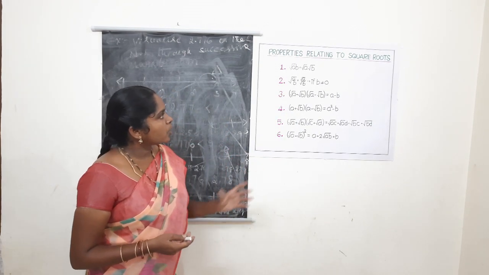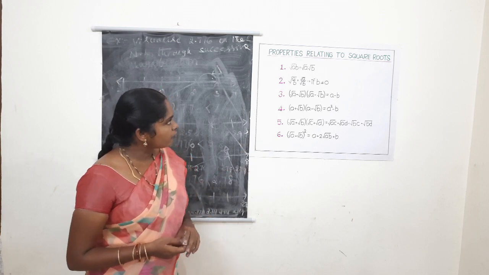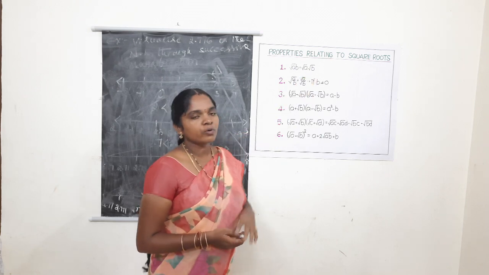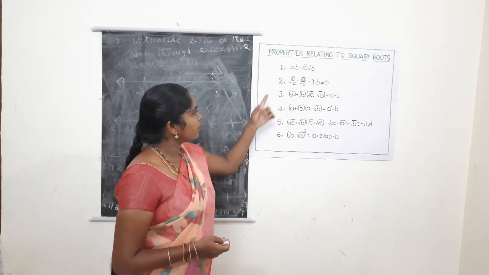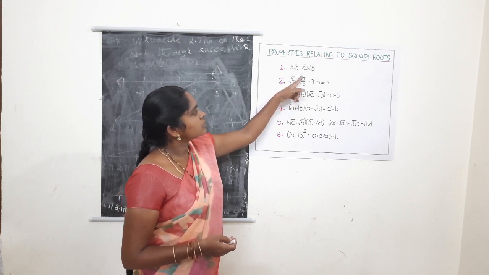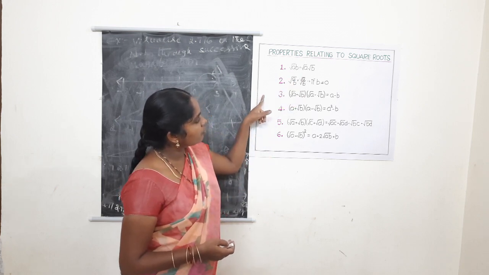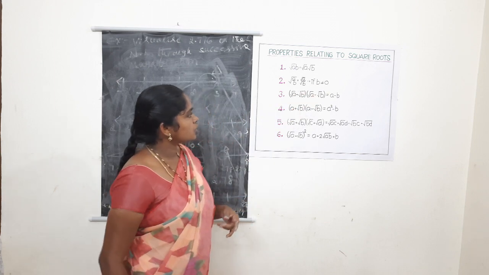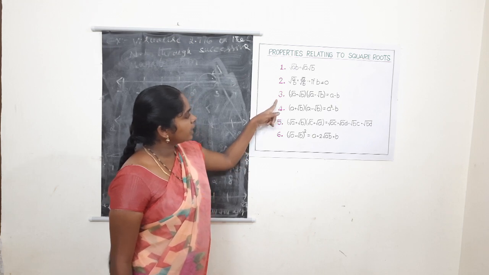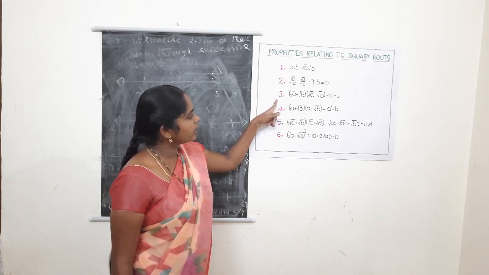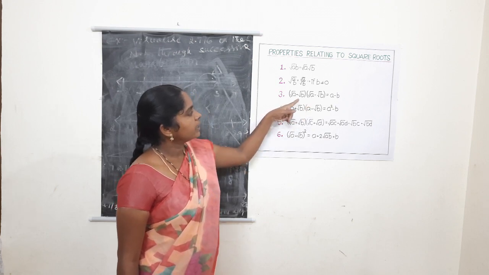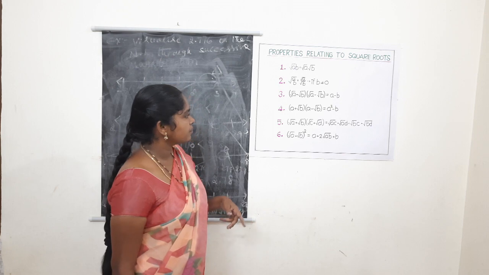So first property is square root of AB equal to square root of A into square root of B. Second property, square root of A by B equal to square root of A by square root of B if B does not equal 0. Next, third property, square root of A plus square root of B into square root of A minus square root of B equal to A minus B.